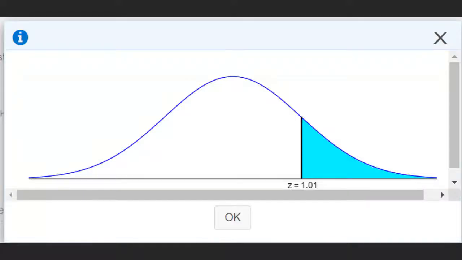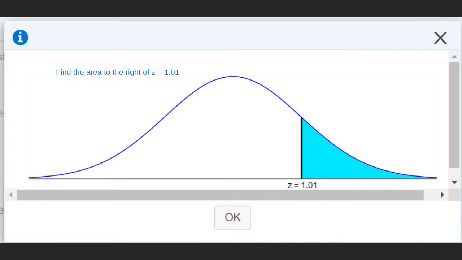What if it asks you to find the area to the right? So this one is asking me to find the area to the right, for z equal to 1.01. That's what this one's asking us to find. Again, that's a positive z, but notice it wants the area to the right.